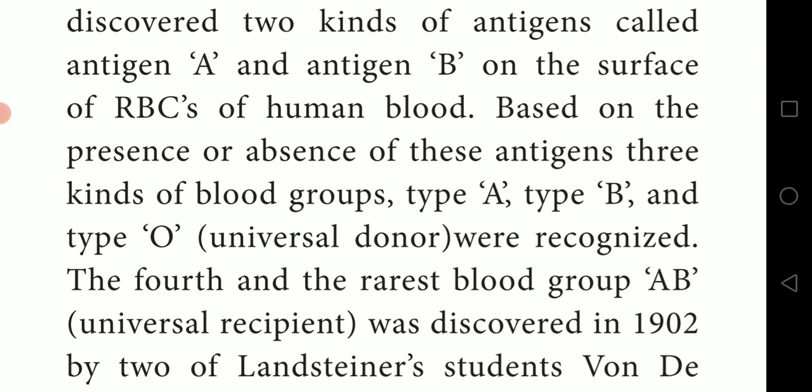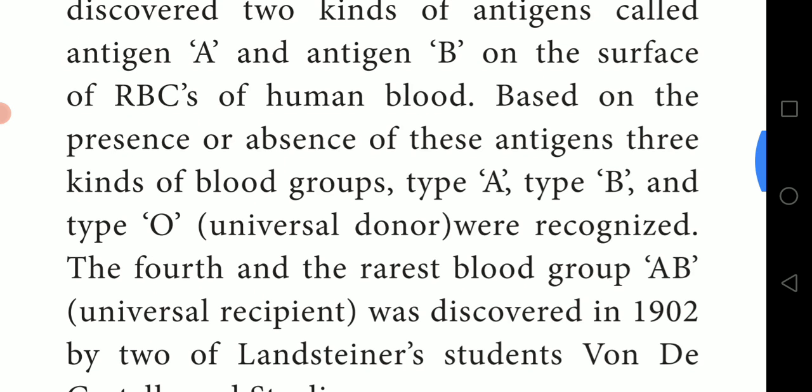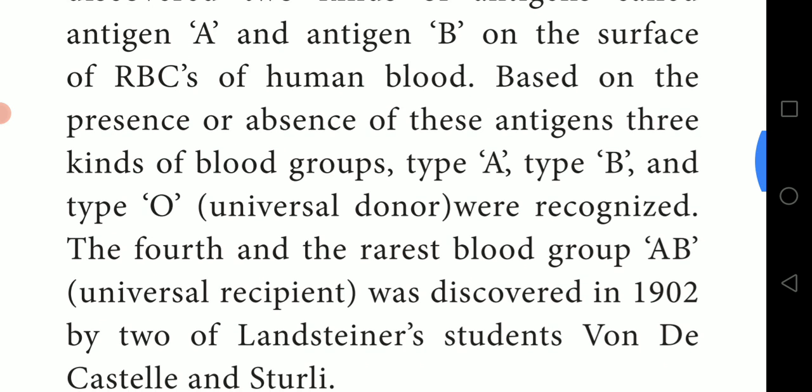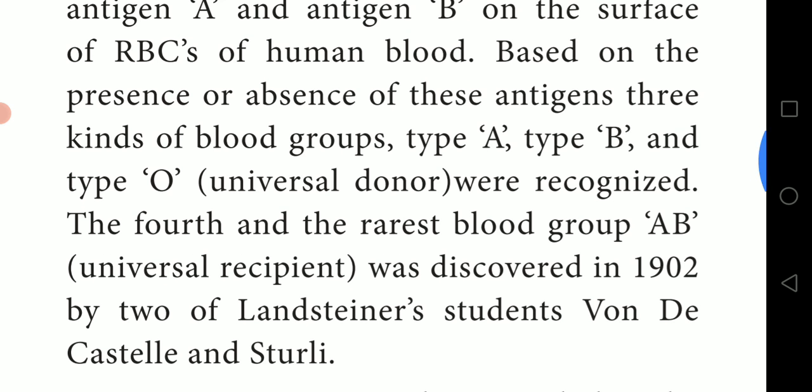Based on the presence or absence of these antigens, three kinds of blood groups are formed: type A, type B, and type O.